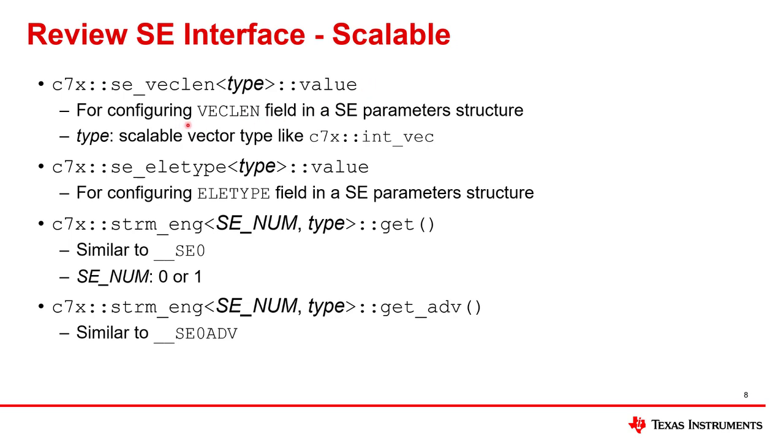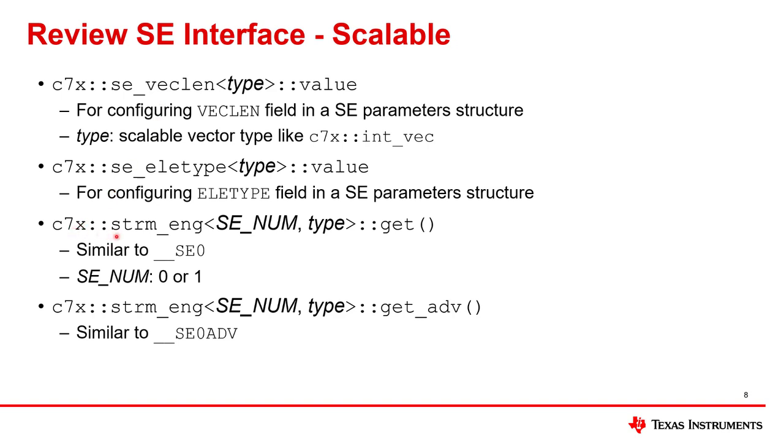This is for configuring the VecLen field in an SE parameter structure, and for the type it would be a scalable vector type like C7X IntVec. This next one is similar, but it's for a different field, for configuring the ELE type, element type field, in an SE parameter structure. So this is just a spelling difference here, otherwise it's the same as the previous one.